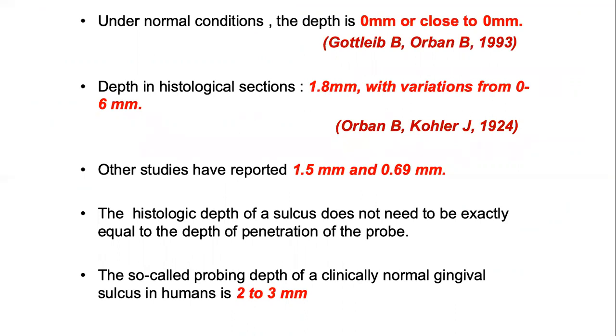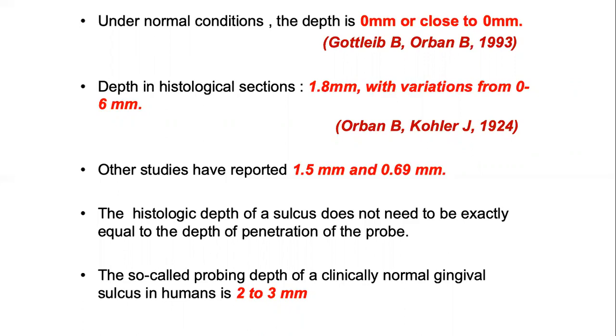But when eventually the oral cavity is inhabited by bacteria, there is an increase in sulcus depth. In histological sections, usually a variation of 0 to 6 millimeter was studied by Orban and Kohler, and an average of 1.8 millimeter of sulcus depth was given.